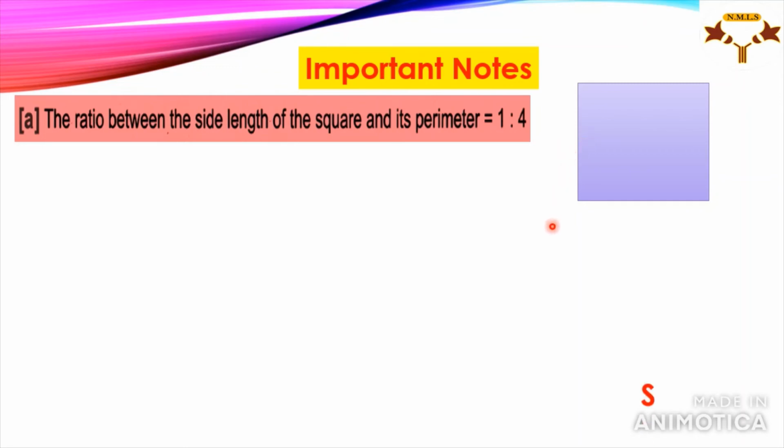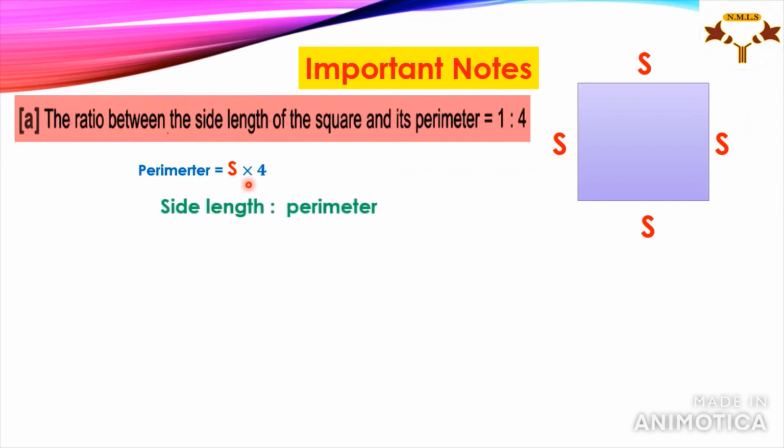So let's find it. If I have a square, I have 4 equal sides. So I know that the perimeter of the square is side times 4, or length times 4. If I want to find the ratio between side length and perimeter of the square, the side length I know is S, like this.